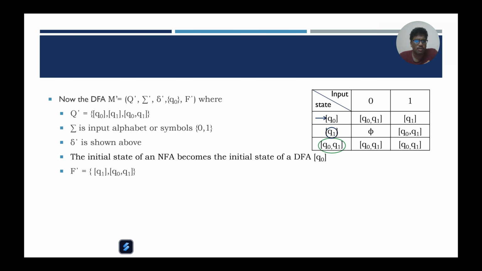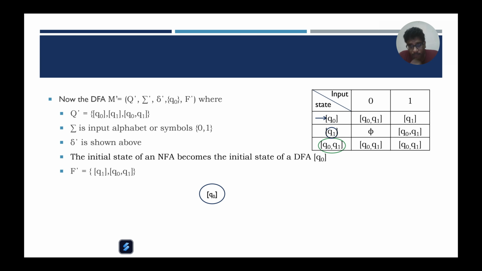After defining the machine, we have to draw the transition diagram by taking the input of the transition table. Here we have three states, so we have to consider the three states.